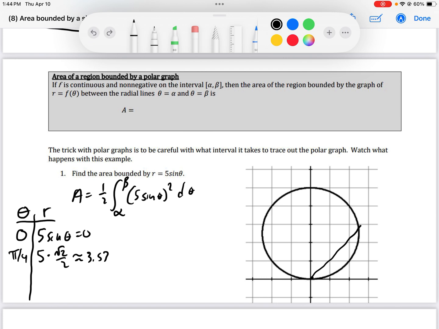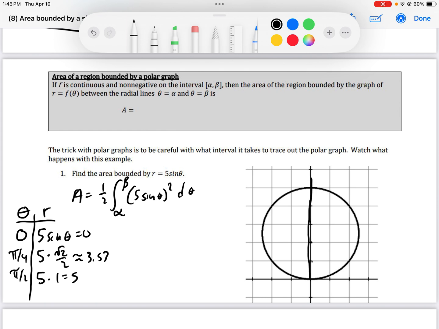Okay, I believe it. So it's sweeping out this area. These are all the thetas. Okay, when I plug in, let's say pi over 2, I want to make sure that I get 5. So theta of pi over 2 is 5 times sine of pi over 2, which is 1. So yeah, I get 5. 2, 3, 4, 5. So it's there.